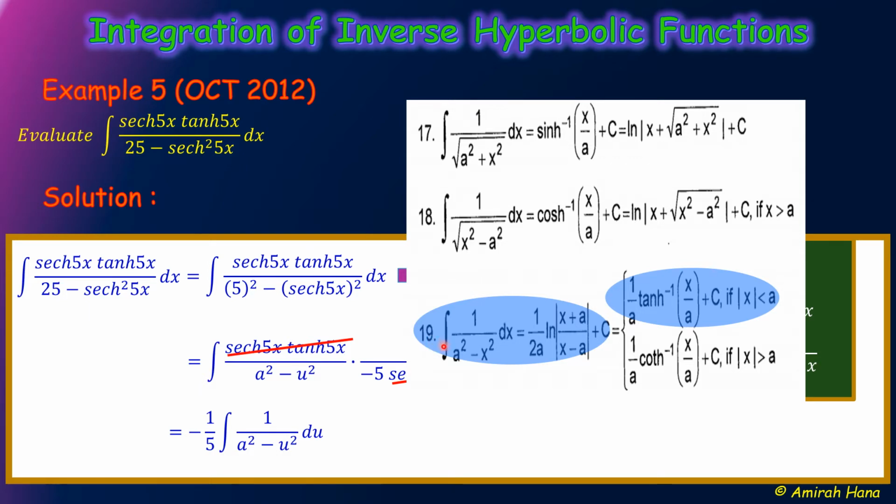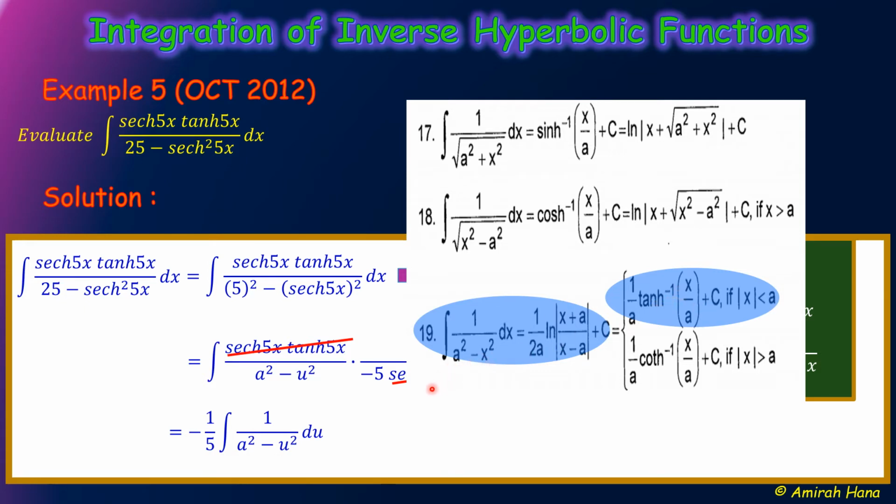Comparing, the integration of 1 over a squared minus x squared equals either ln or inverse tang. Because modulus x is less than a, a comes first, so we can write inverse tang.